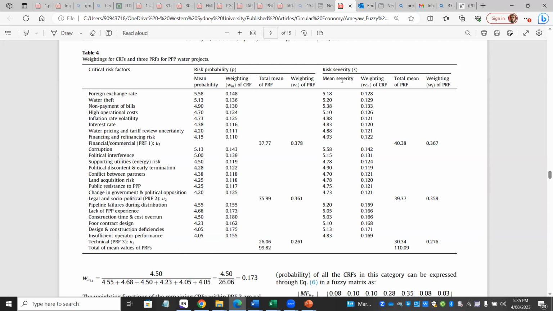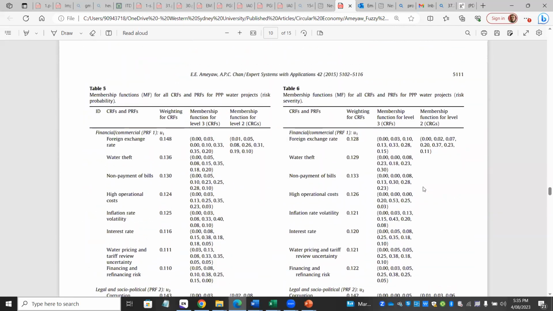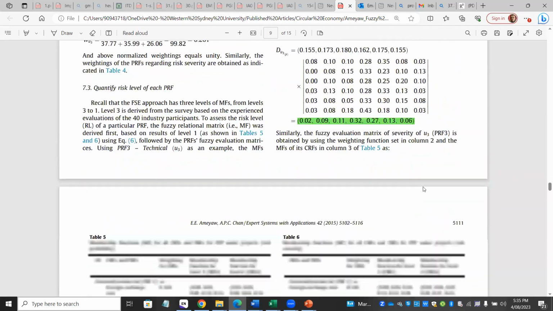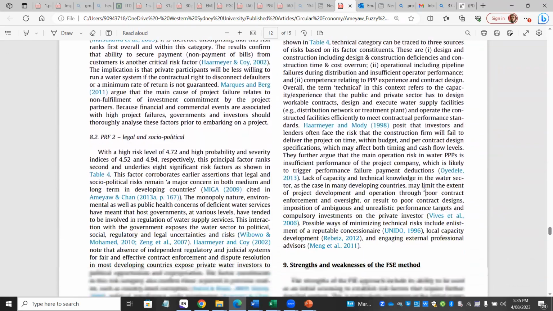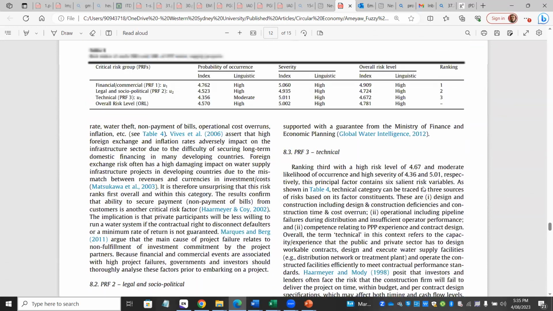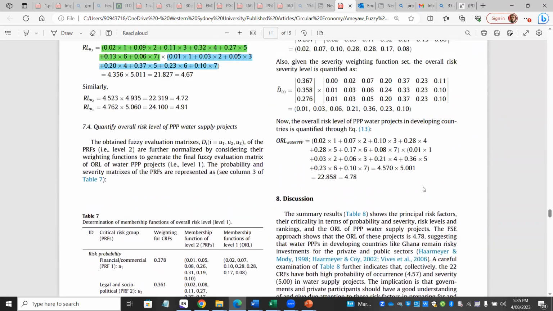Then when you come to the risk severity, the group weightings are also here. Okay, so these are the ones that you have to pick. You pick them together with the group membership function, and then you multiply.